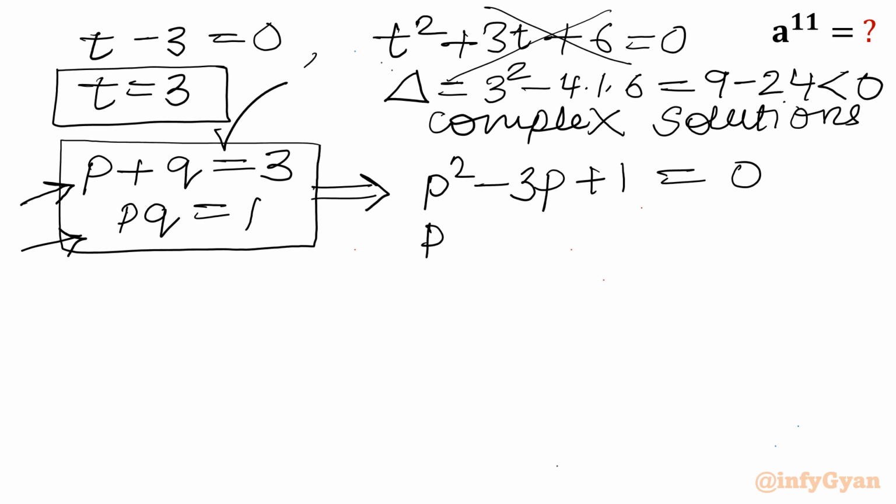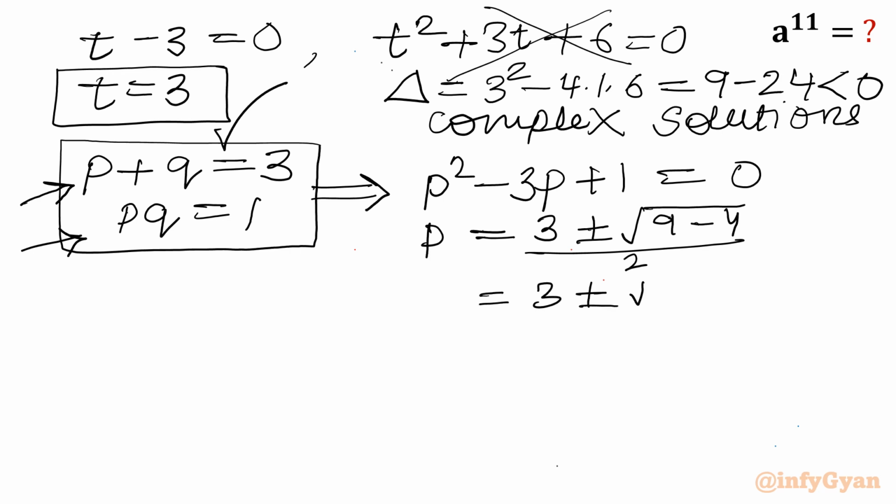Let's apply the quadratic formula. So minus B plus minus square root of B square minus 4AC divided by 2A. So I can write 3 plus minus square root 5 over 2.